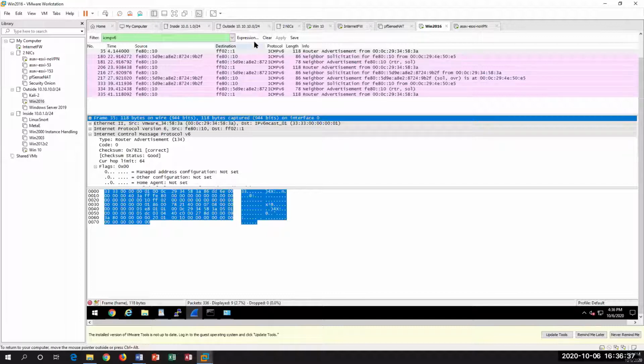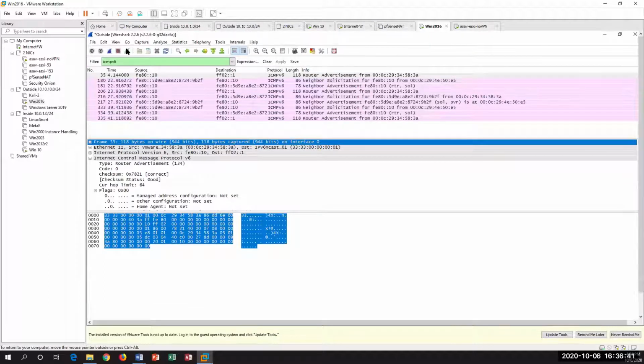So we're going to stop the capture here, and we are going to restart the capture here.